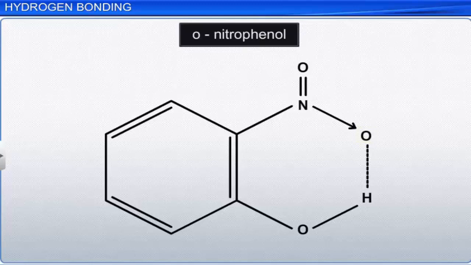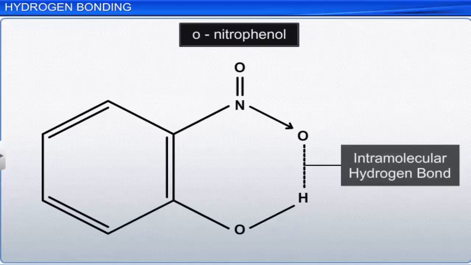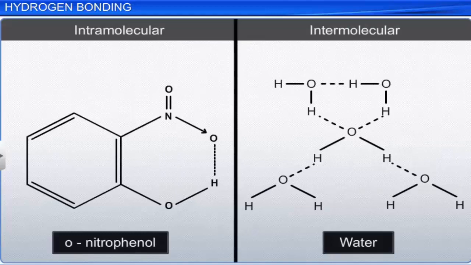Such a bond is called an intramolecular hydrogen bond. Thus, we can conclude that a hydrogen bond is the weak electrostatic attractive force between the hydrogen atom and the highly electronegative atom of either the same or different molecule.